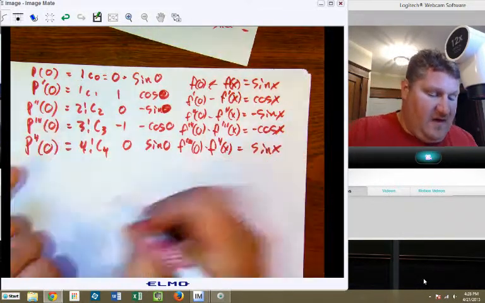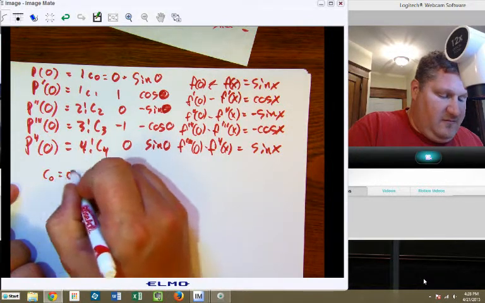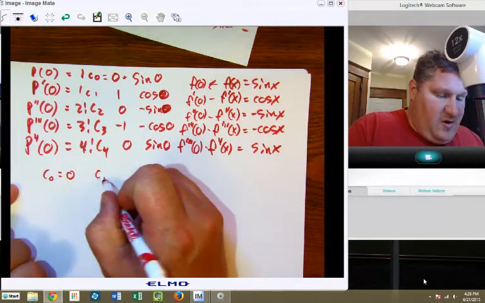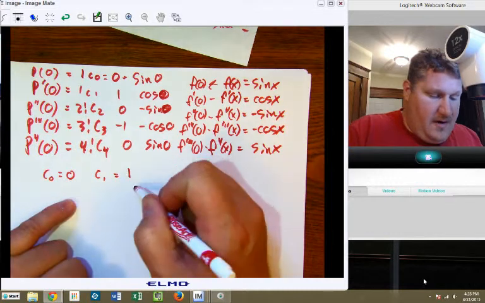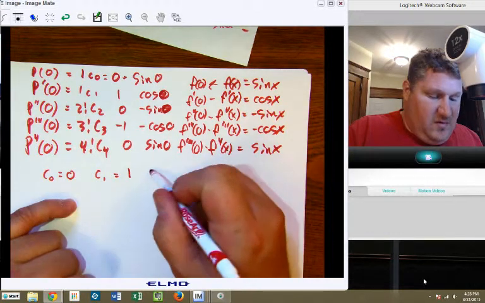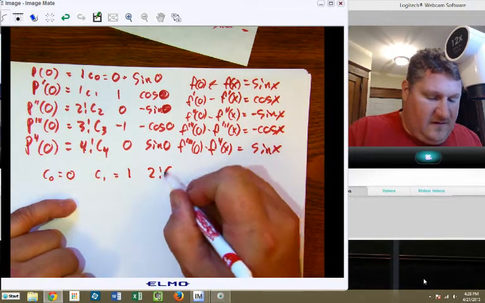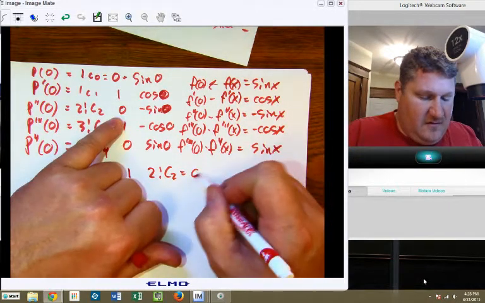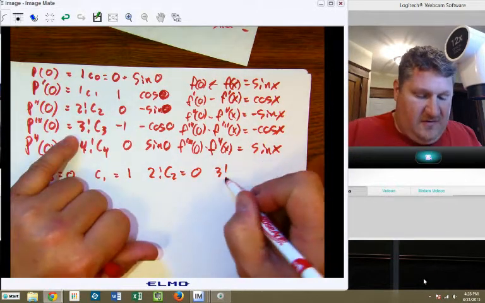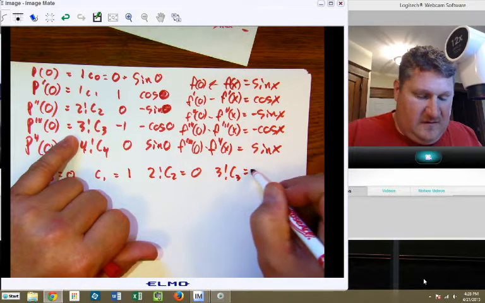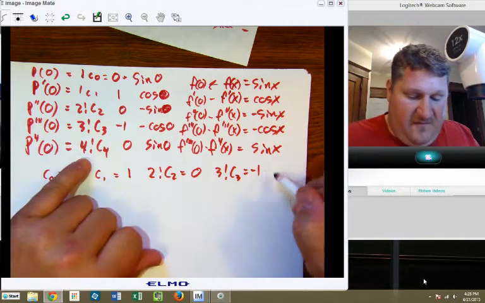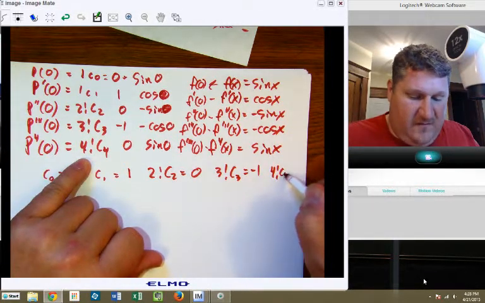So I can say C sub 0 equals 0. C sub 1 equals 1. 2 factorial C sub 2 equals 0. 3 factorial C sub 3 equals negative 1. And 4 factorial C sub 4 equals 0.